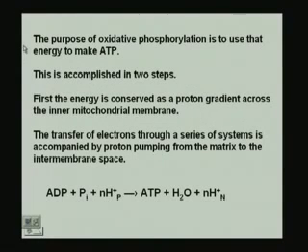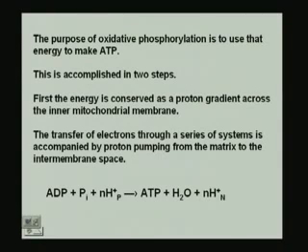The purpose of oxidative phosphorylation is to use the energy to make ATP. The way this is accomplished is in two steps. First, the energy is conserved as a proton gradient across the inner mitochondrial membrane. This proton gradient creates a proton motive force, which we talked about last time in terms of free energy: there is a membrane potential and also a pH gradient from the inside to the outside.